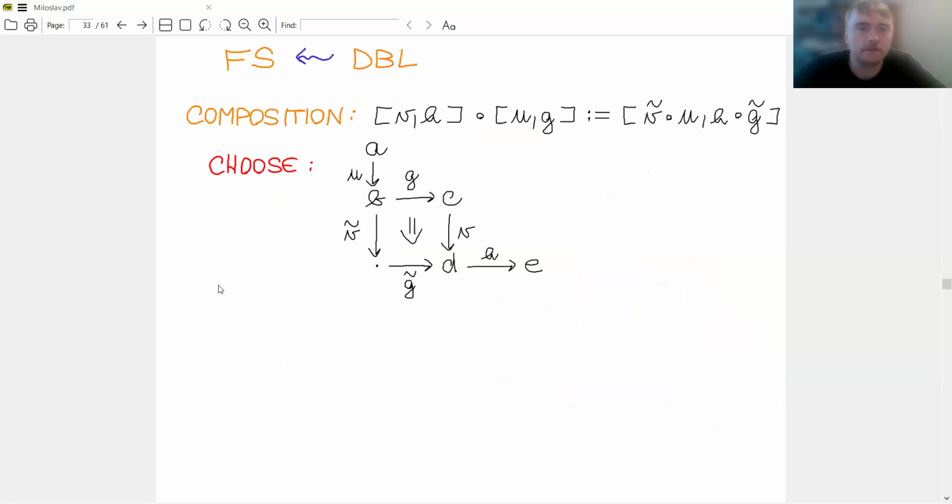And the composition works in a similar way as before, except now this square is no longer unique. So you need the axiom of choice to choose a square and fill it, and it's independent of this choice. You need to choose it, but it's later going to be independent.